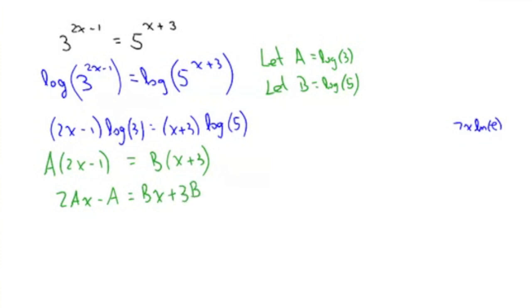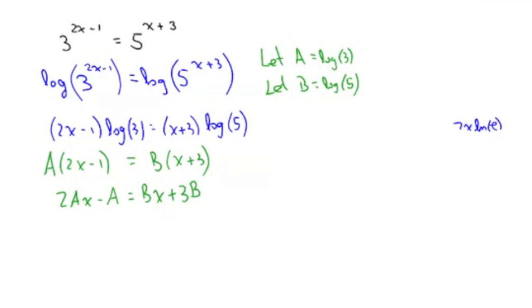So is that the only way we're going to solve it? No, you could leave log 3 and log 5 in there. It's just you're going to have to copy it down a million times. You don't have to use the A's and B's. I'm just saying it'll make your life a lot easier. Otherwise you'll be writing 2 log 3 of x, and you can get confused where that x is.